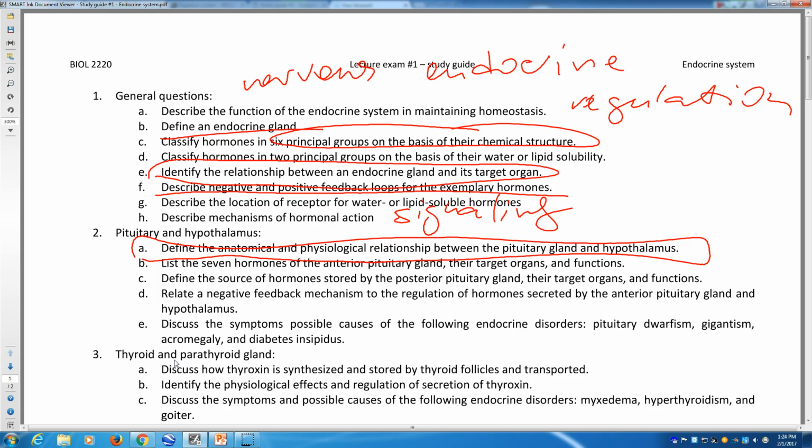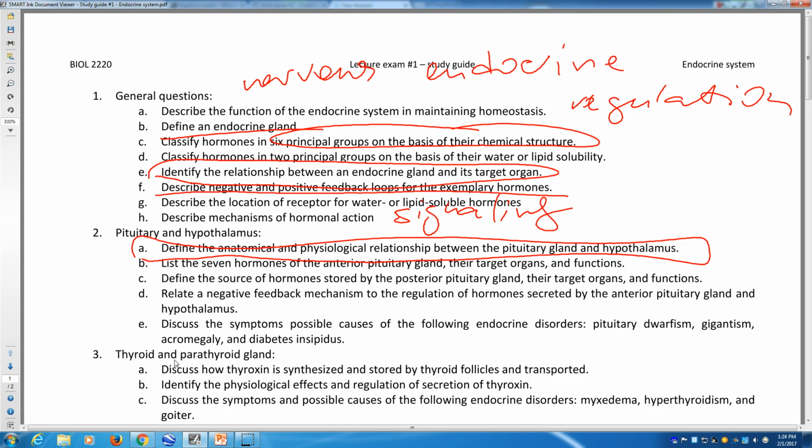Hypothalamic hormones and pituitary hormones are easier to think about when you think about the axis, okay? So growth hormone is produced by which part? The anterior pituitary gland, stimulated by GHRH and inhibited by GHIH. Thyroid stimulating hormone, also anterior pituitary, is stimulated by TRH, thyrotropin releasing hormone.